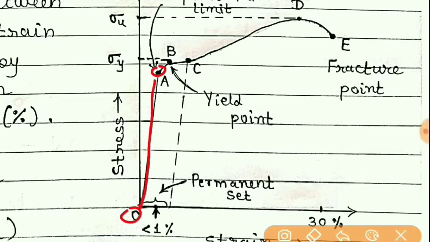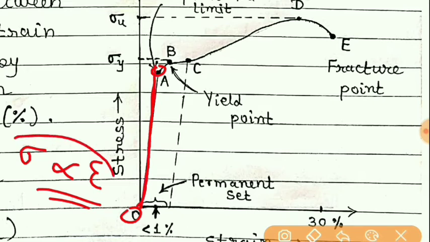So it is clear that in this region the material obeys Hooke's law, because according to Hooke's law, stress is directly proportional to strain. So up to some extent, this proportionality is valid.